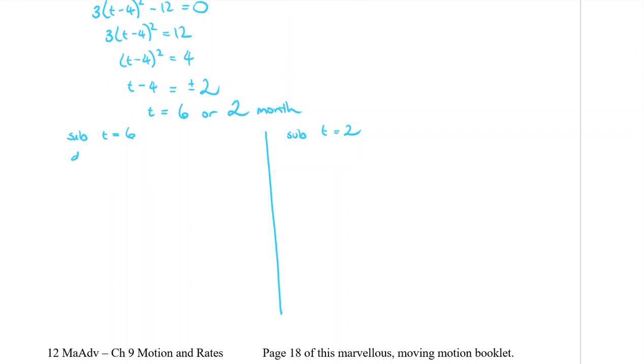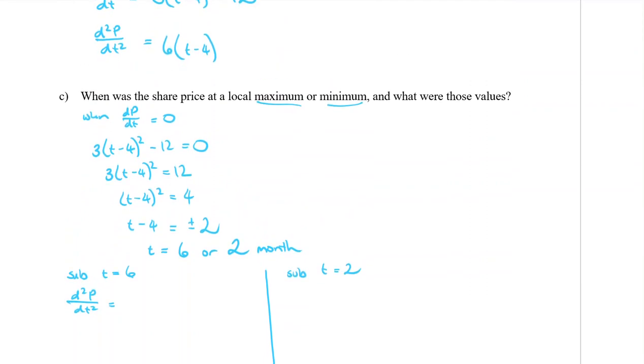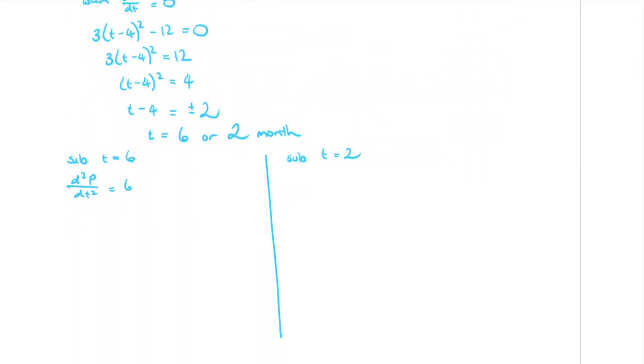So in the second derivative, d squared p over dt squared, my second derivative was up here, 6 bracket t minus 4. So it'll be 6 bracket 6 minus 4, which equals 12. Because that is greater than 0, that means it is concave up, or in other words, a minimum turning point.